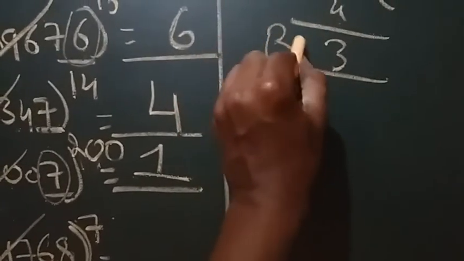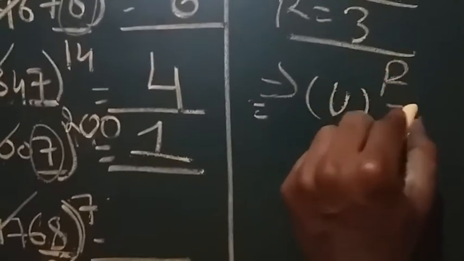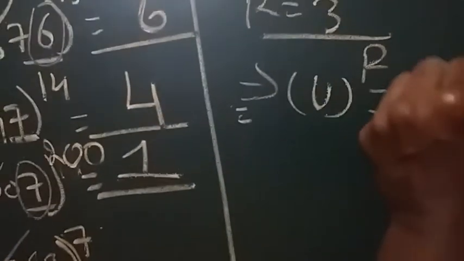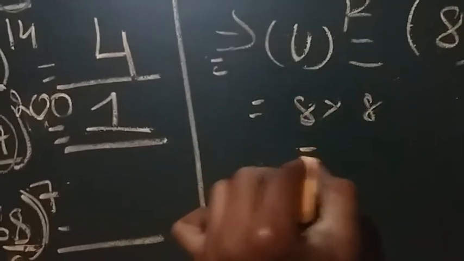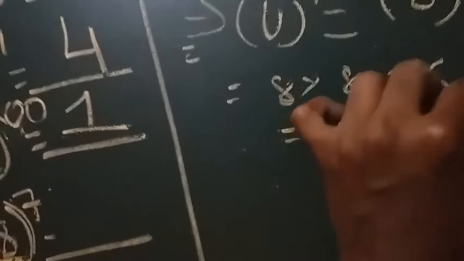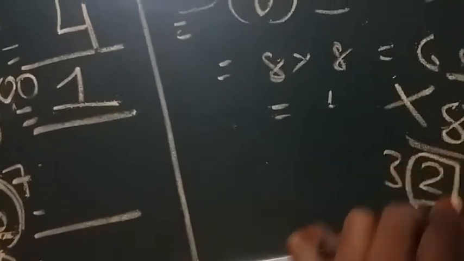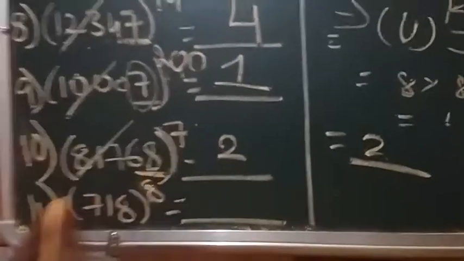Here you got the remainder 3. Now substitute in the formula u power r. Here u is 8. 8 power r is 3. 8 8s are 64. Again with units place, 4 8s are 32. The units place for the given question will be 2.